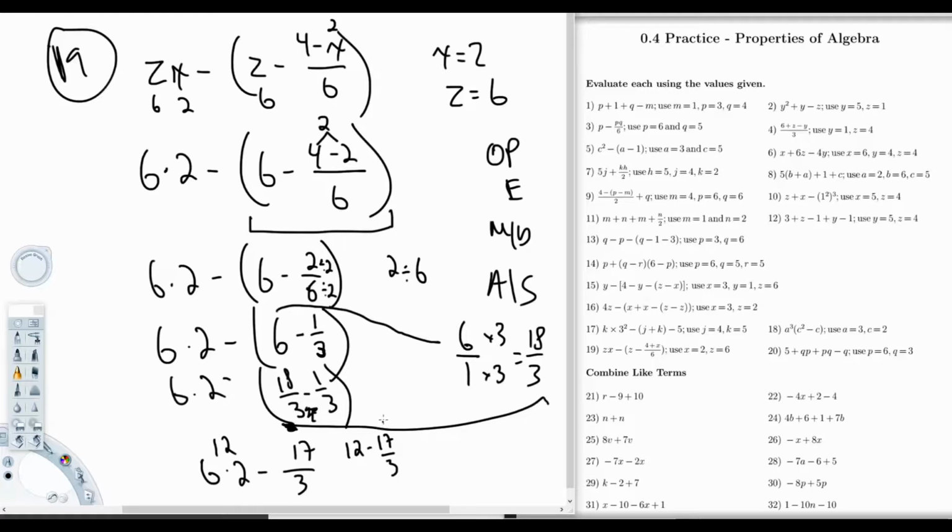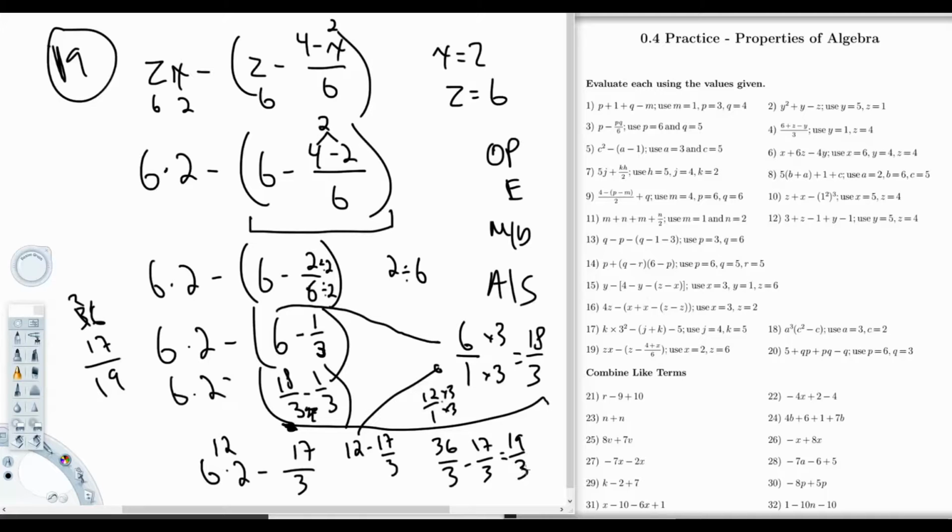We're going to do the same trick as we did here. 12 over 1, if I multiply both top and bottom by 3, I get 36 over 3 minus 17 over 3. 36 minus 17 is, what is 36 minus 17? 19. That's 19. All right.